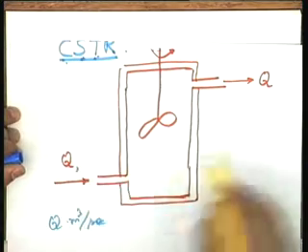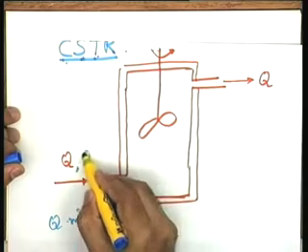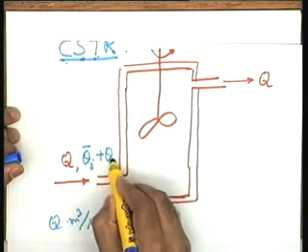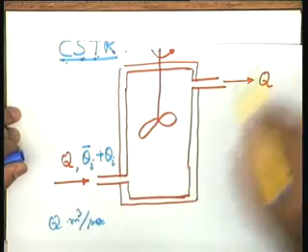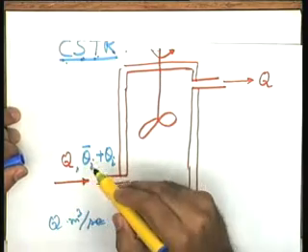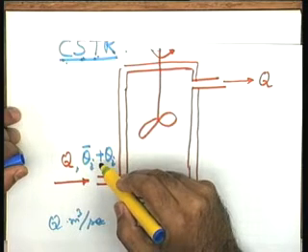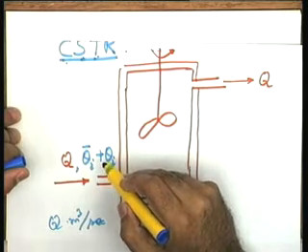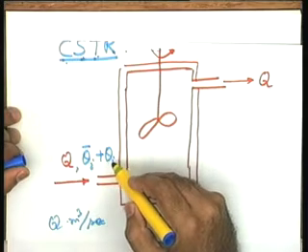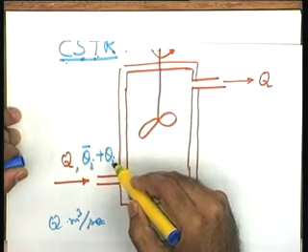Let me assume that this liquid is entering at a temperature theta I bar plus theta I. You will note that the two, theta I bar and theta I, have been taken. Theta I bar is the steady state temperature, that is the temperature corresponding to nominal operation of the system, and theta I is a deviation with respect to steady state temperature.